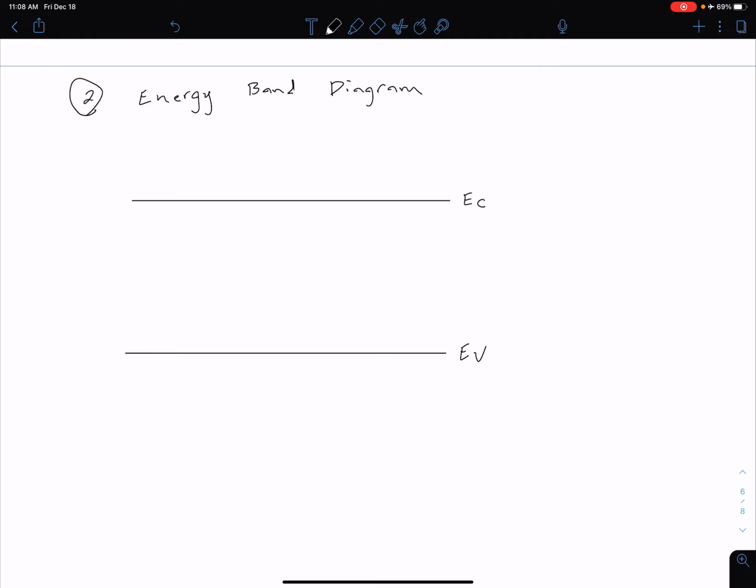On the top we have our E sub C, which is the edge of our conduction band. And so our conduction band is going to start at this value E sub C, and it's going to extend up to higher energies. Our other value on the bottom, E sub V, is the top edge of our valence band.